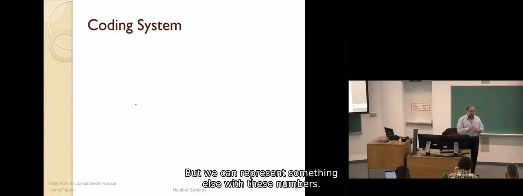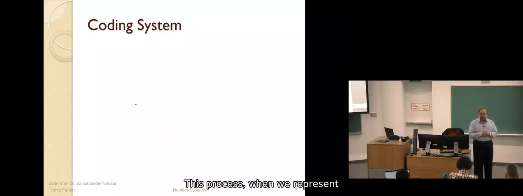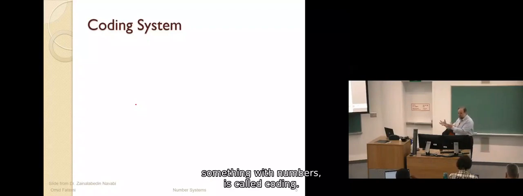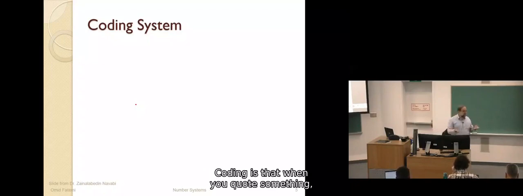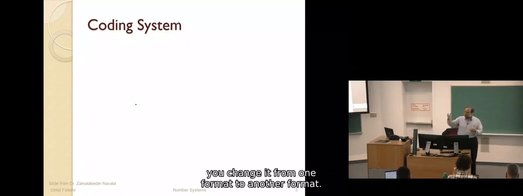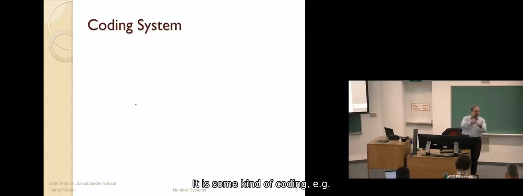But we can represent something else with these numbers. This process, when we represent something with numbers, is called coding. Coding is that when you code something, you change it from one format to another format.